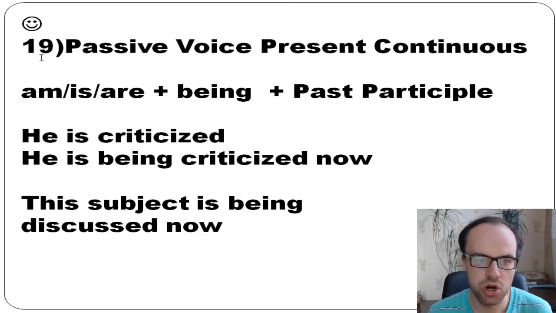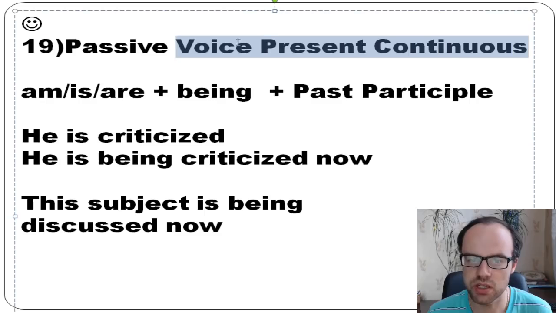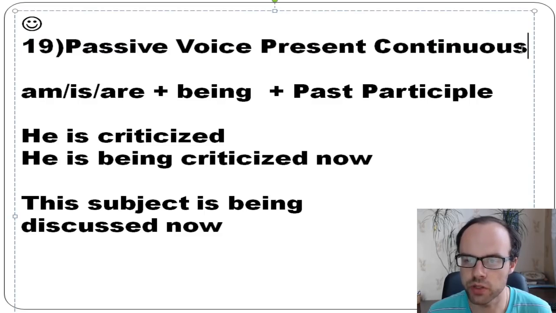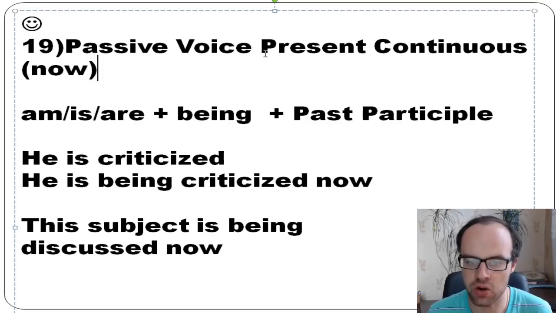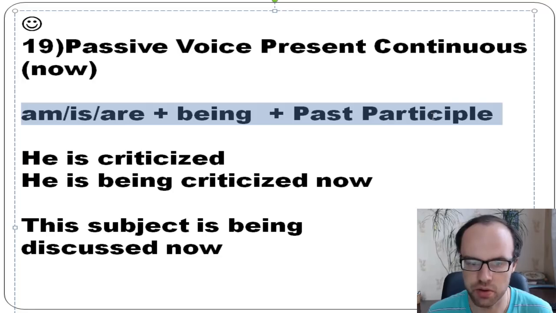Good. Passive voice, present continuous. So you remember when we use present continuous, I hope so. It's for things which are happening now. And how do we use passive voice in present continuous? Am, is, are plus being plus past participle.